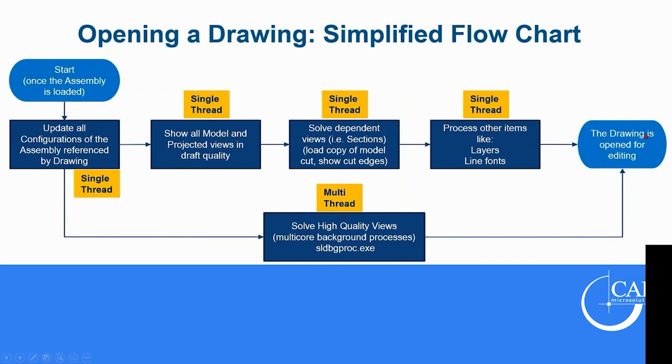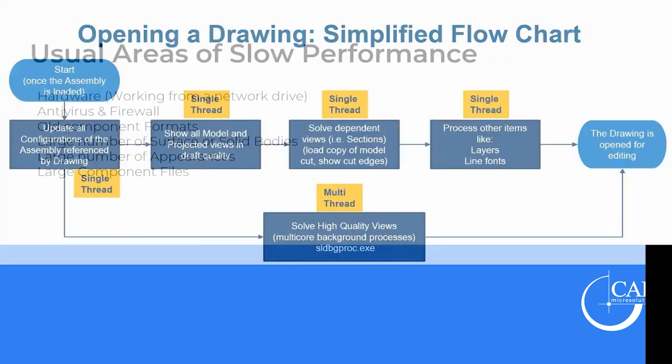And then finally, load the drawing. So this is why you may find sometimes that your assembly might load quickly, but your drawing might take much longer to load. Because now you're not just loading the active assembly configuration, but potentially multiple versions of your assembly loaded multiple times, due to the cut views in various configurations that have to be loaded.